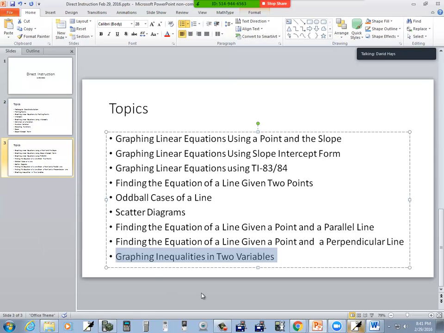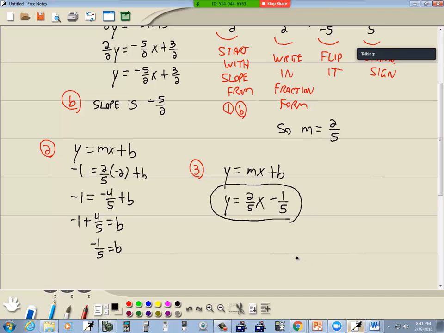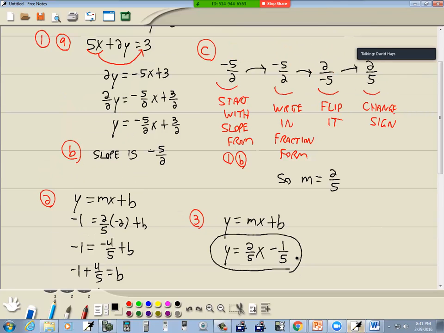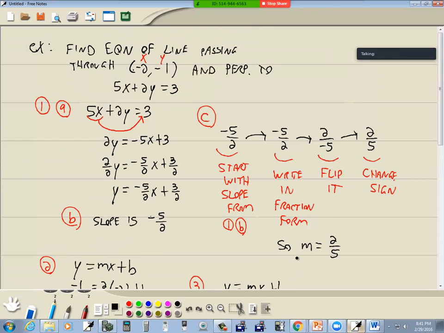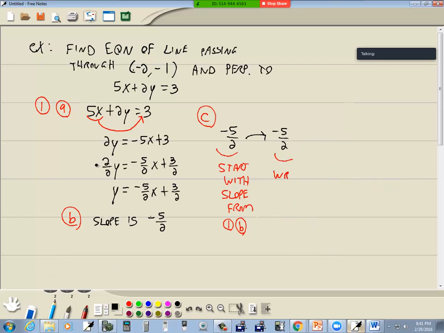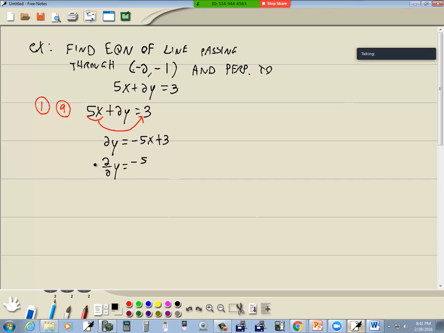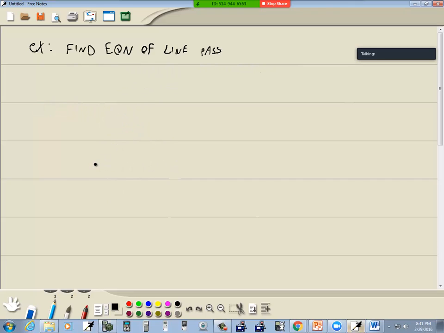Now our last topic is graphing inequalities in two variables. So let me go ahead and scroll up and clear that off. This is where I'd have like y is greater than negative 1/5 x plus 2.